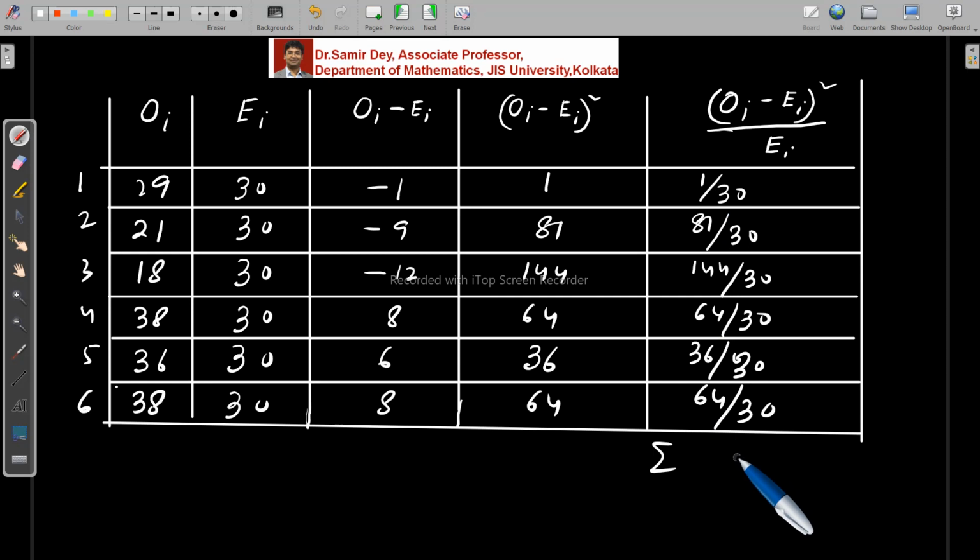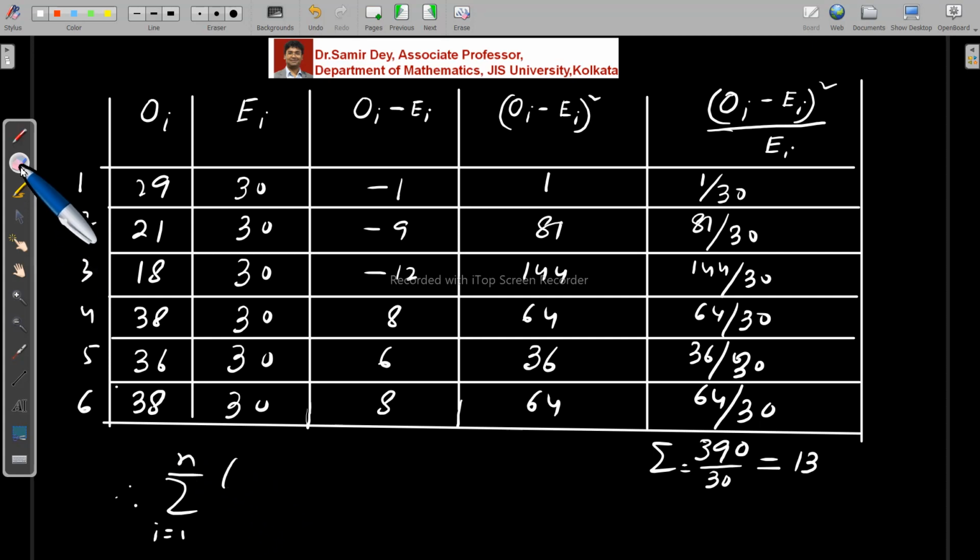If I add all together, it is coming 390 by 30, which is equal to 13. Is it clear? That means ultimately summation i equals 1 to 6, because you are having 6, (Oi minus Ei) whole square by Ei is coming 13.